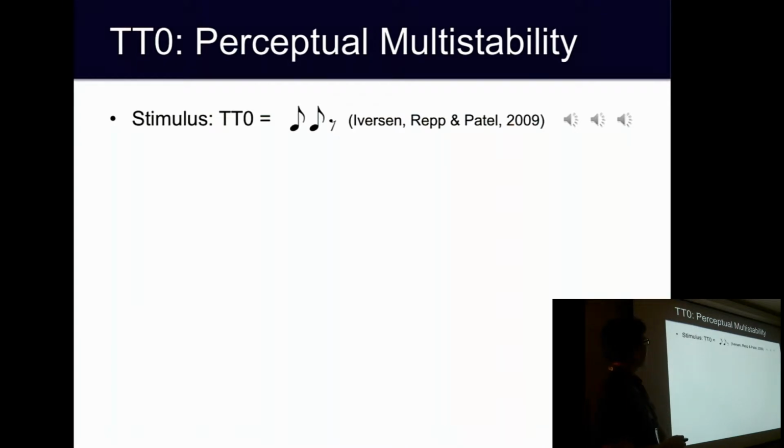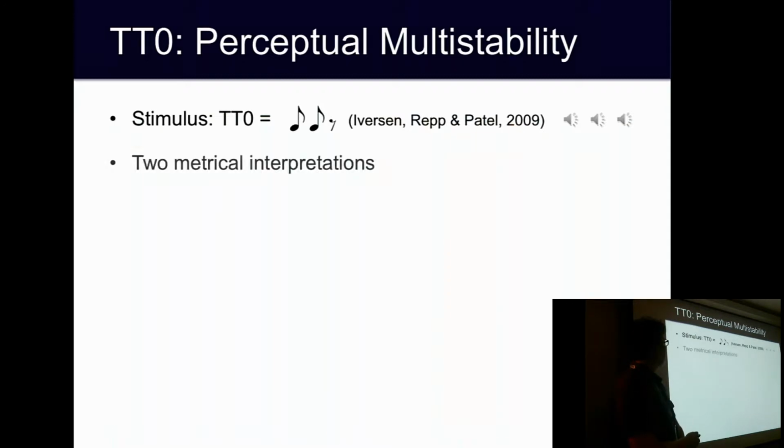To show you that, I'm using the simple rhythmic stimulus used in Iverson, Repp, and Patel. It's called TT0. This is tone, tone, silence. It sounds like this. And as Iverson et al. showed, this physical stimulus has two possible metric interpretations.